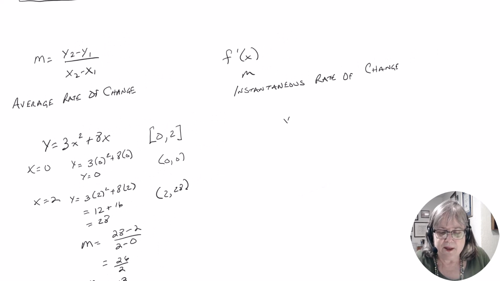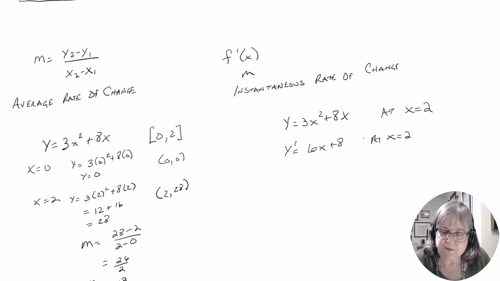But if you had that same y is equal to 3x squared plus 8x, and they wanted the instantaneous rate of change, well, they usually just call it slope, instantaneous rate of change at x is equal to 2, then what you would do is take the derivative, so it's 6x plus 8, and then you would evaluate that at x is equal to 2, because this is actually the slope function.